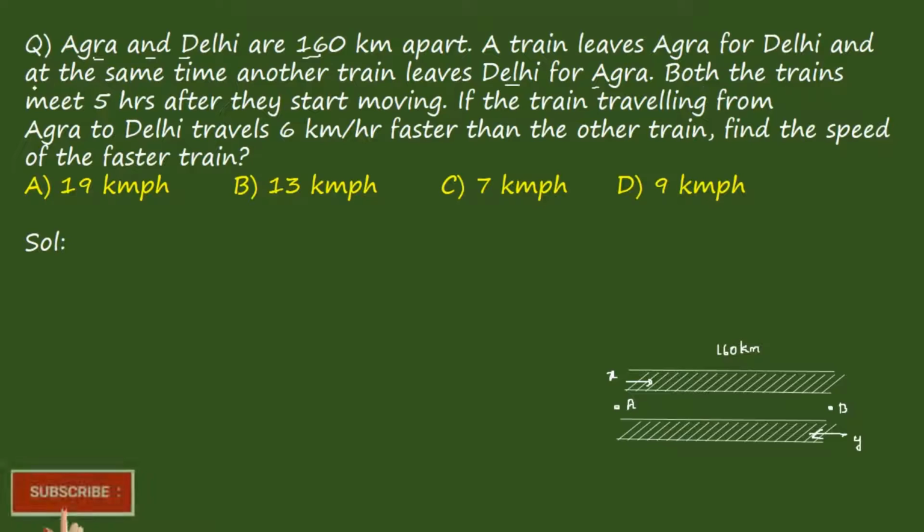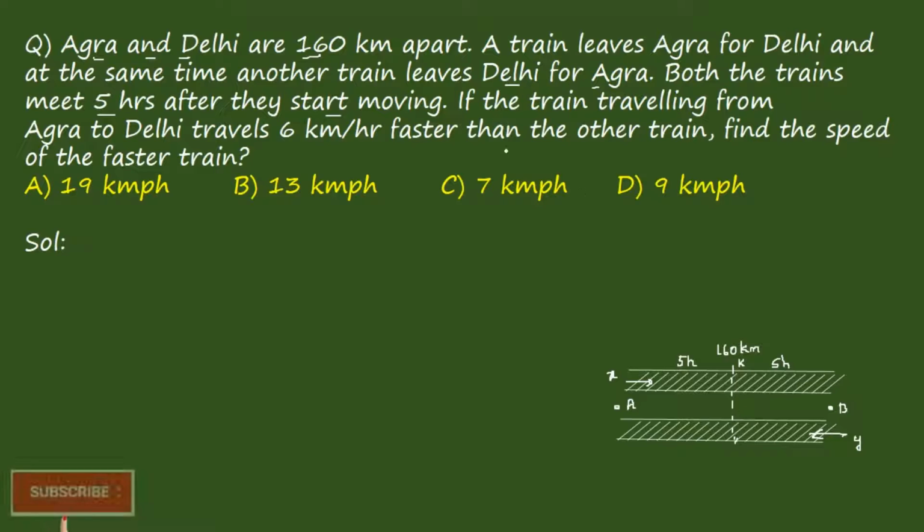Again, both the trains meet 5 hours after they start moving. Both the trains X and Y would be meeting at a point K after 5 hours.